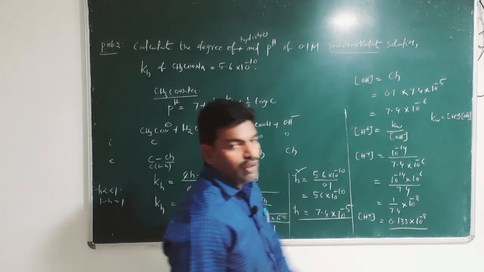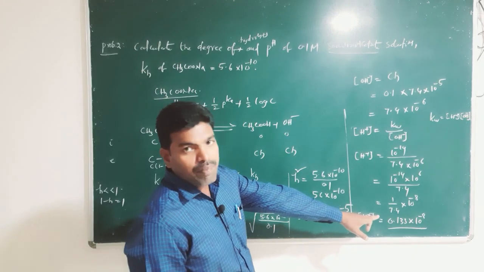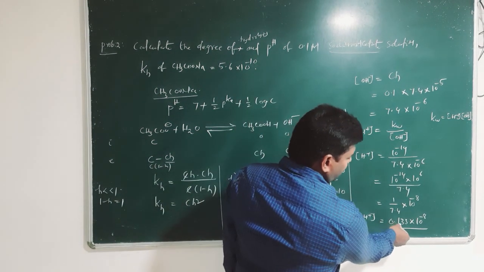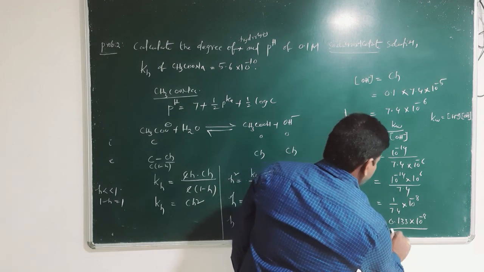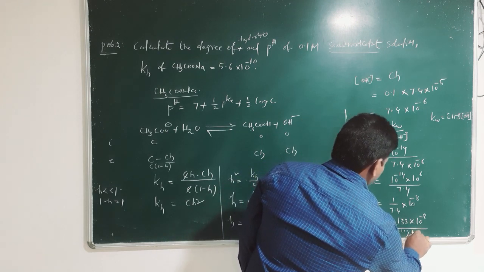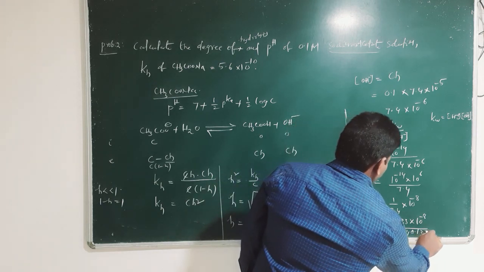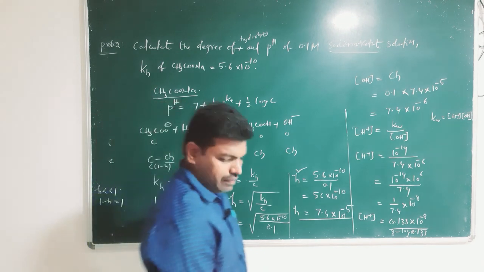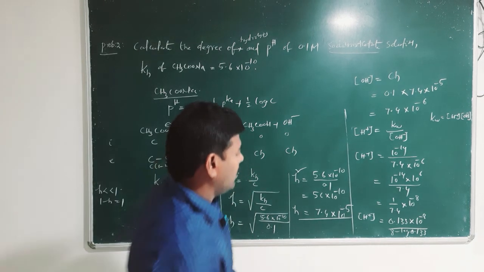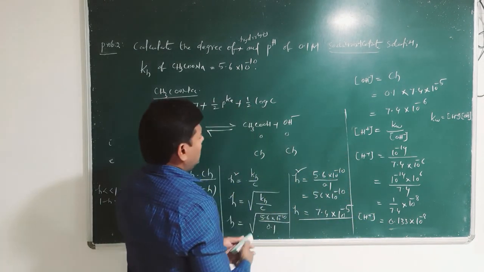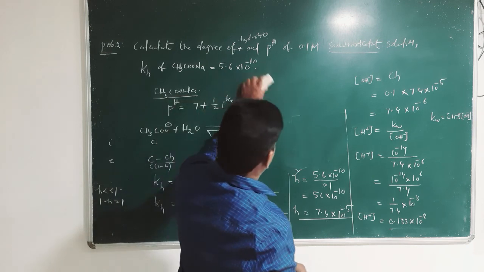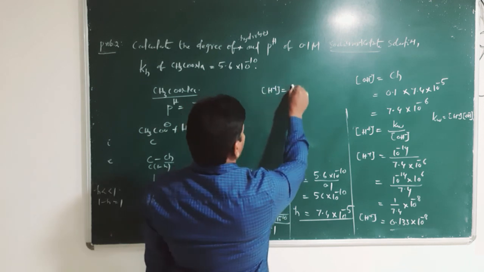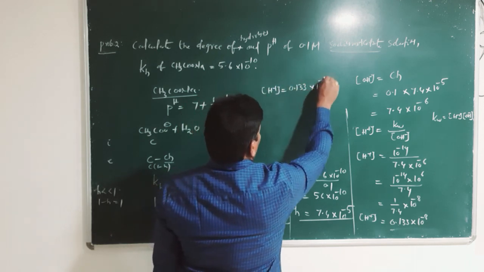From this we can calculate the pH. The concentration of H plus ions is 0.133 into 10 power minus 8.